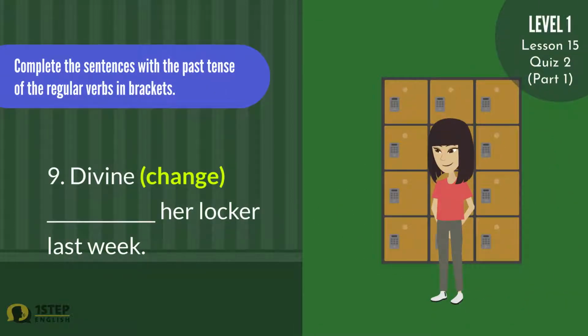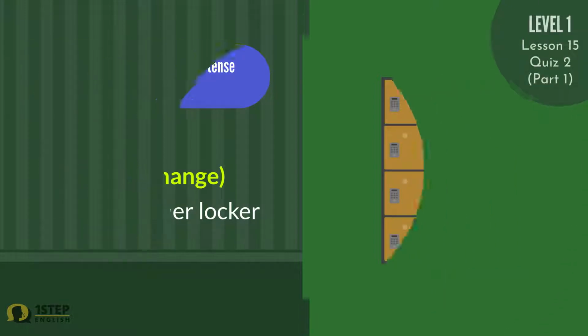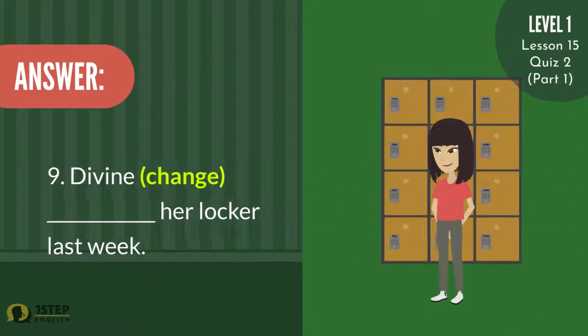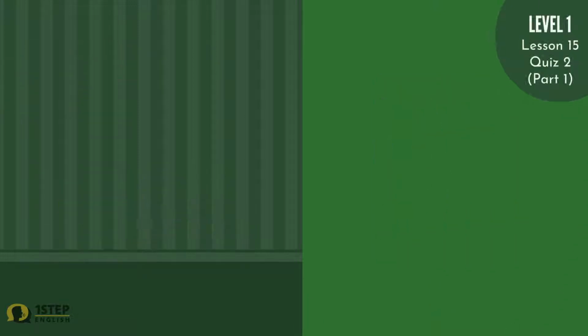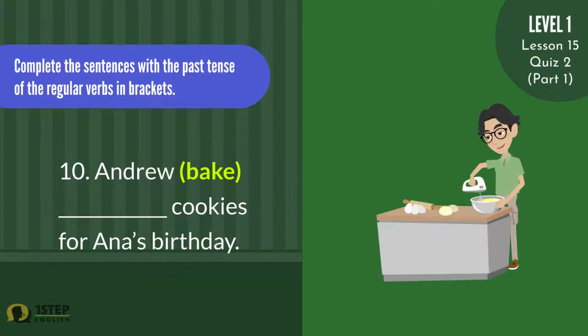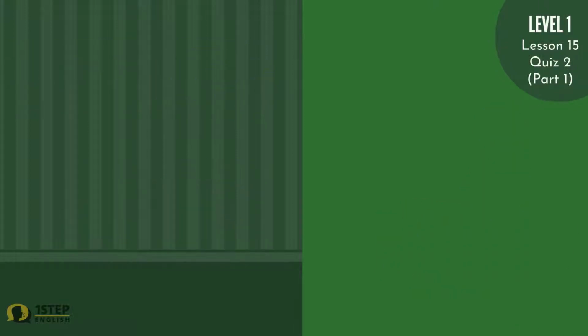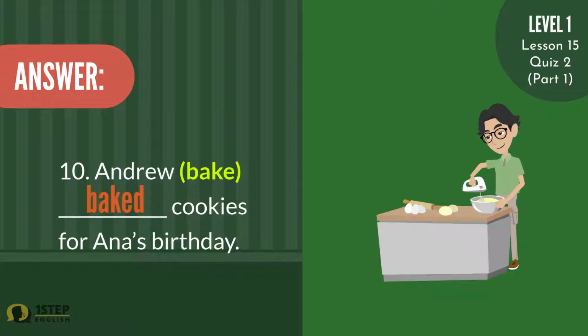Number 9. Divine changed her locker last week. Number 10. Andrew baked cookies for Anna's birthday.